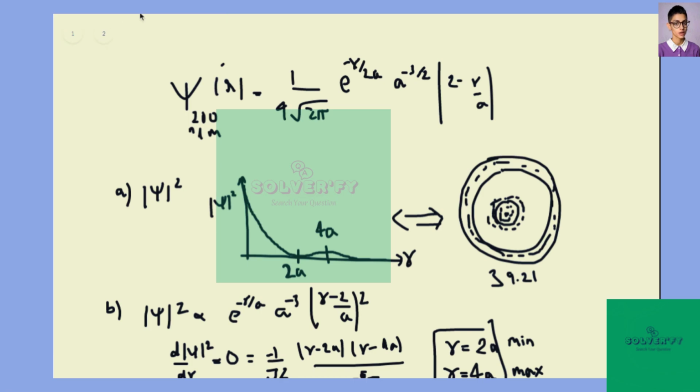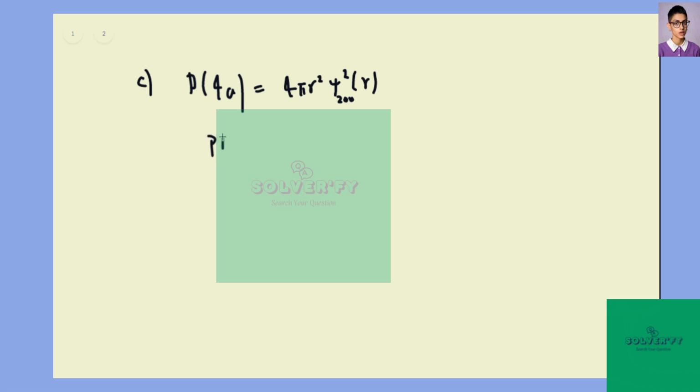So the value that we obtained is r square over 8a cube. So P is equal to r square over 8a cube into (2 minus r over a) whole square, and the other term, e to the minus r over a.